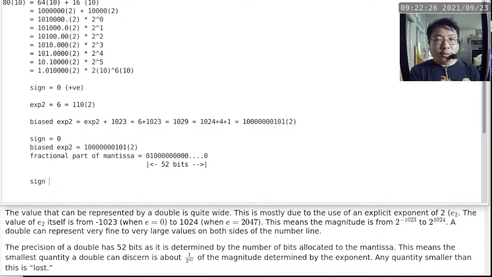The sign is the most significant bit all the way to the left hand side, and so I'm going to use a bracket notation here to say this is the sign, and then we have the biased exponent of base 2, and now we have the fractional part of the Mantissa. There we go. And so when you string all the bits up in this particular format, you have a 64-bit chunk that is otherwise known as the IEEE double precision floating point number.